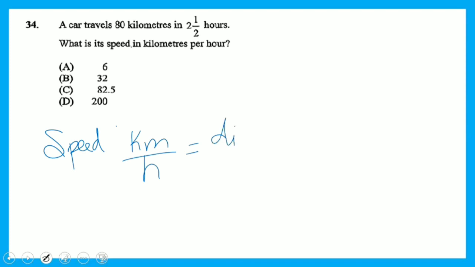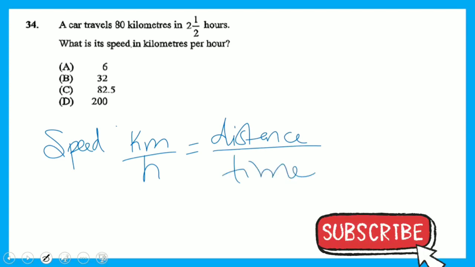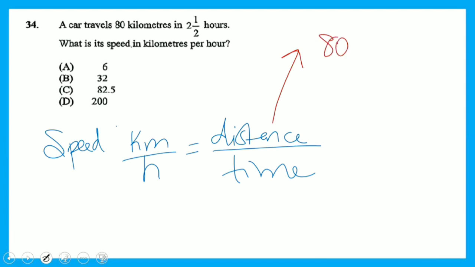Speed is distance, kilometers distance, divided by time, the hours there. So that's a formula for finding speed. And we know that the distance is 80 kilometers. We're going to divide that by 2.5 hours. Distance divided by time.